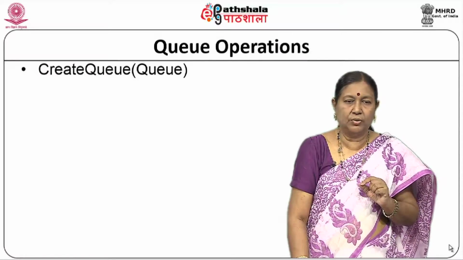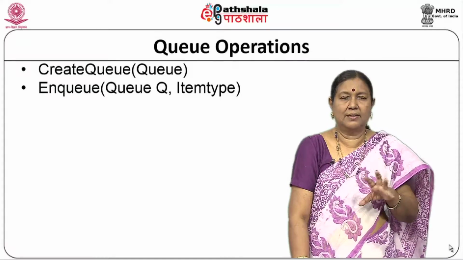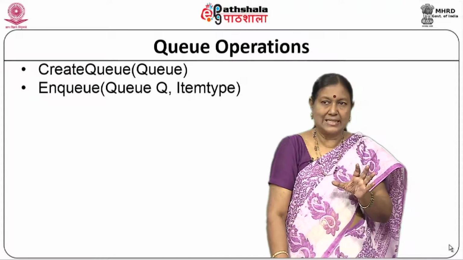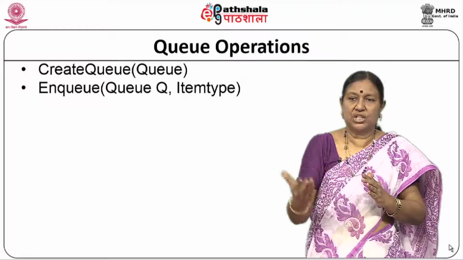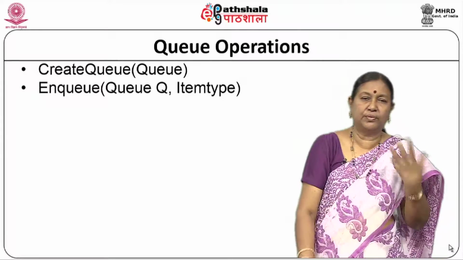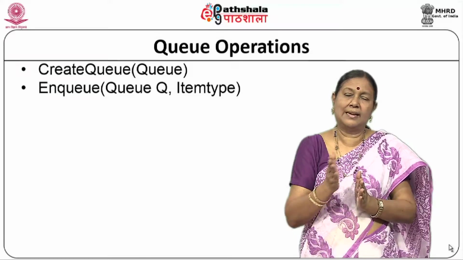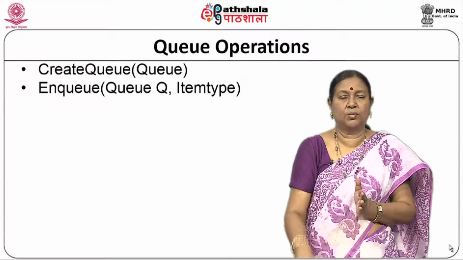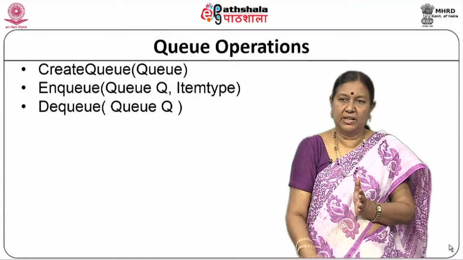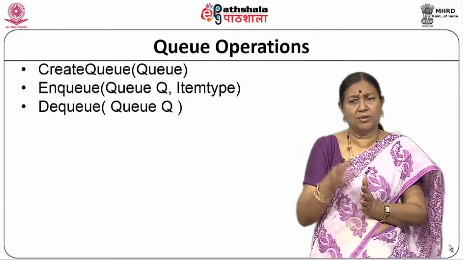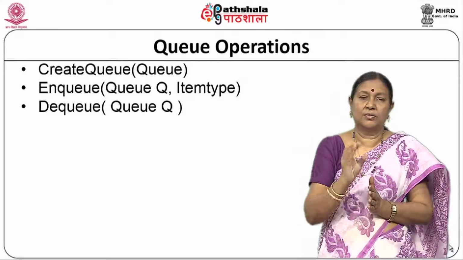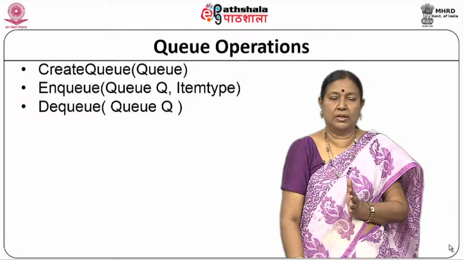So, we have create queue, and we have enqueue, which is the term used for insertion into a queue, just like you have push for the stack. So, you have a queue and an item that you want to insert. Then you have dequeue. For dequeue you do not have to tell which item, because you can always delete only from the front. So, you just have to say the queue from which you want to delete.